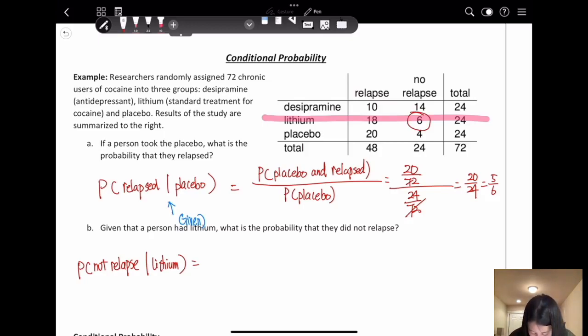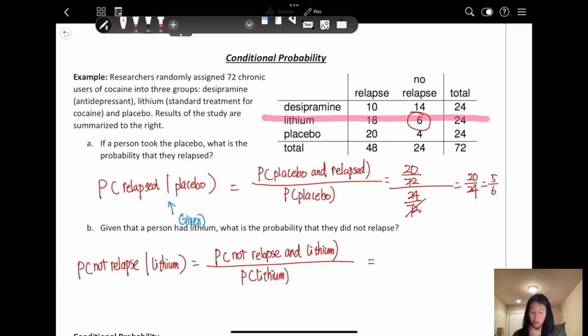So the probability should be the people who didn't relapse and also took lithium over the probability of people who were given lithium.